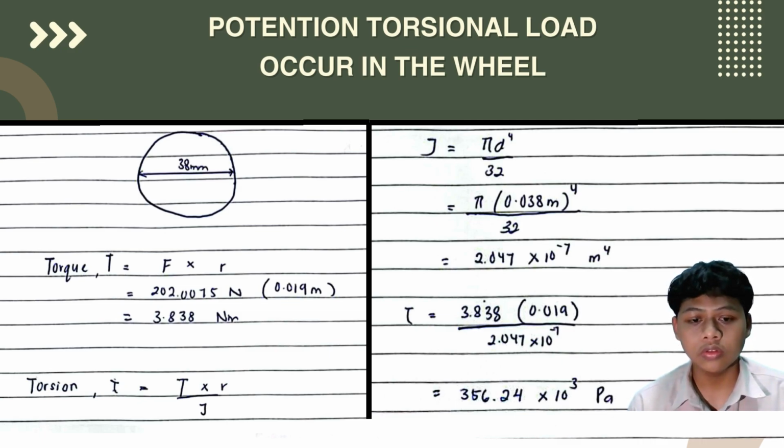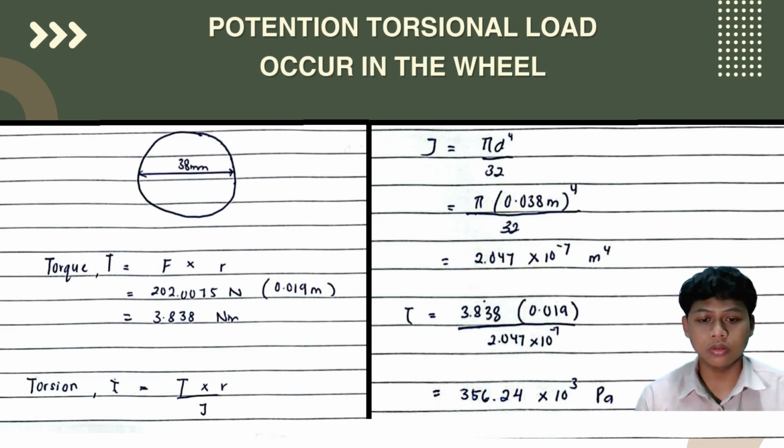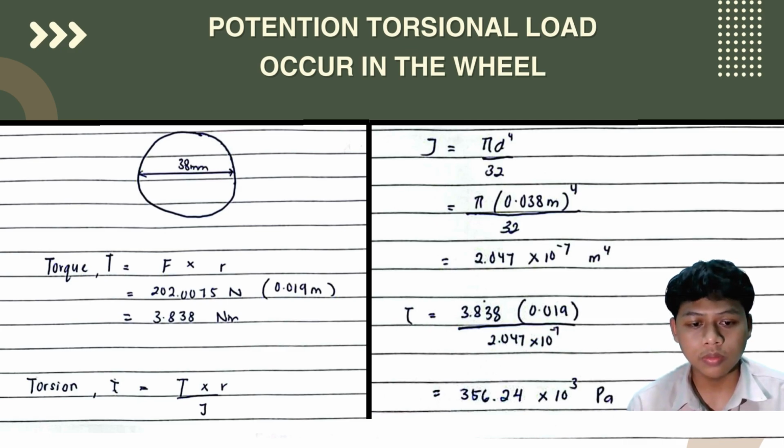Next we use the torsion formula with the answer that we have found, and it will be 356.24 multiplied by 10 cubed Pascal.